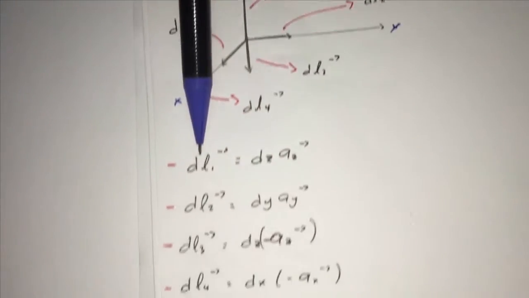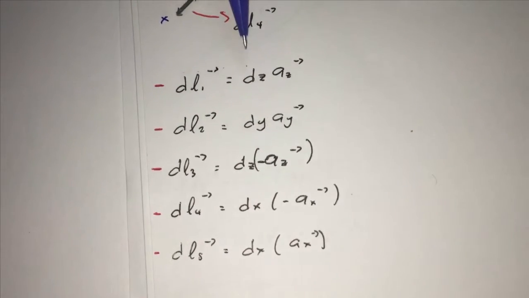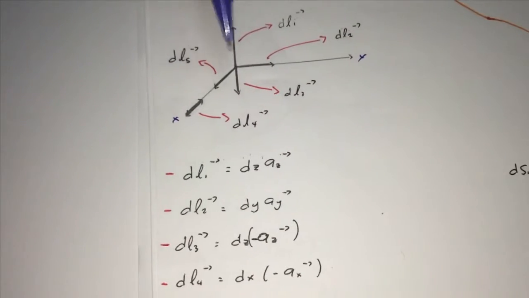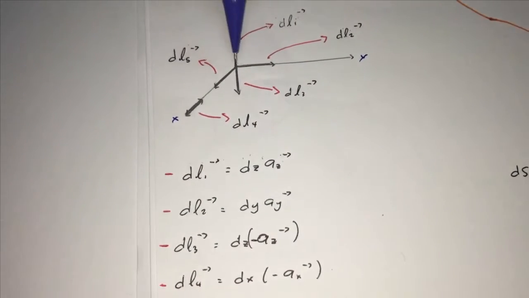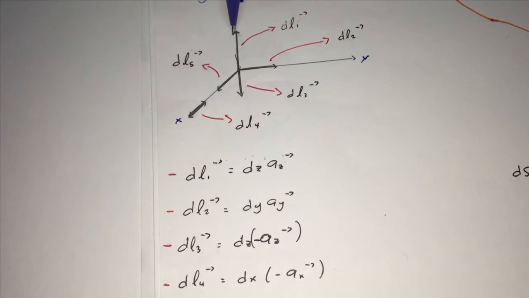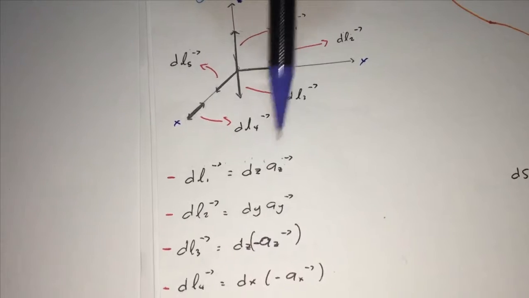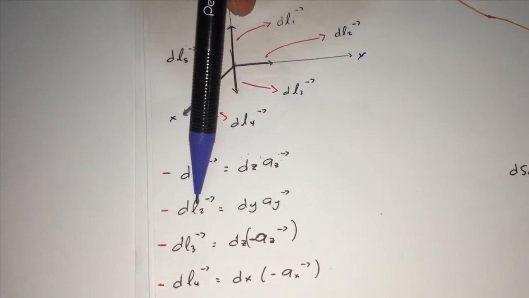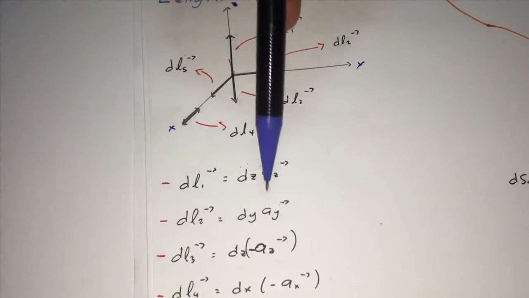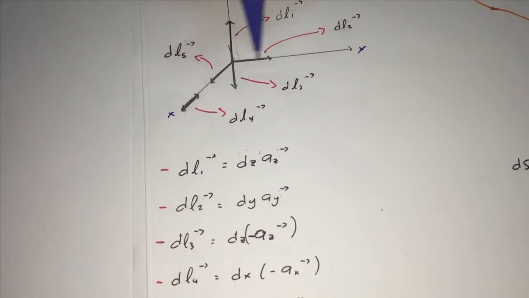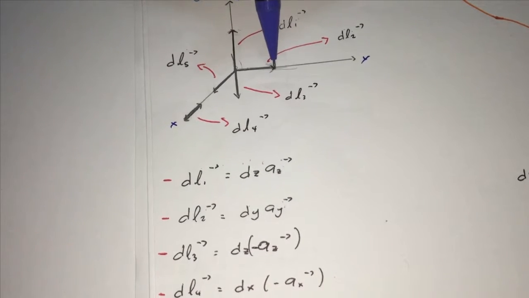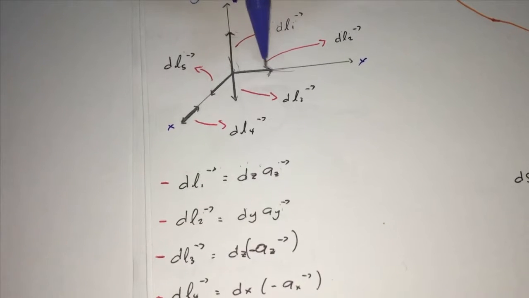For differential dl1, we will get dz az, because the direction of az is up, so we will get positive az. dl2 is dy ay, we will get ay positive because the direction of ay is to positive infinity.